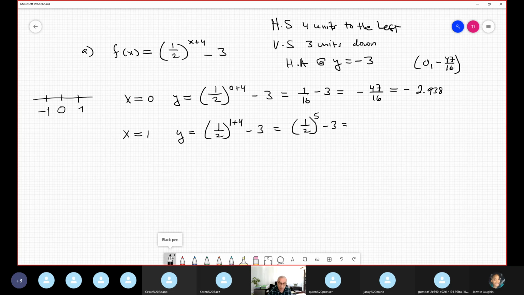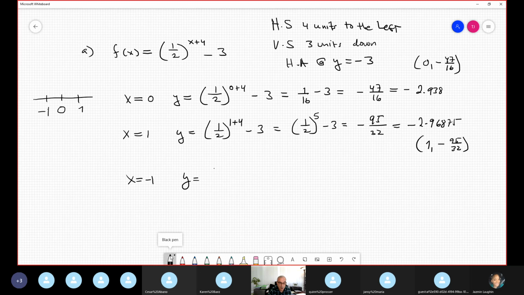Minus 3 is negative 95/32. In decimal, that is negative 2.96875. So we have the point 1 comma negative 95 over 32, in fraction.